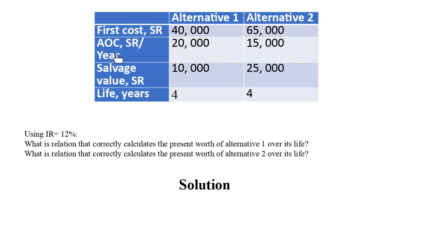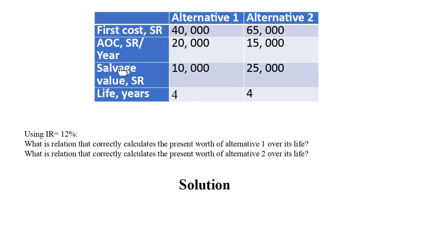Don't assume that every time it says annual, it is a cost. AOC stands for annual operating cost, and that is a cost, never an inflow. But if it is annual revenue or annual operating revenue, then that is positive and an inflow. So you have to read it carefully.